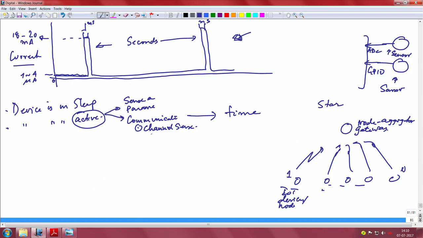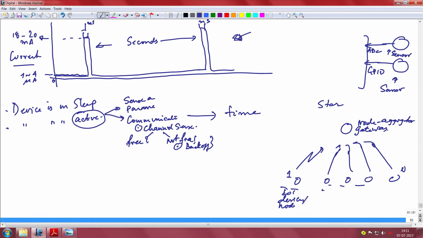If the medium is not free, it has to do a back off, in other words it has to sleep and come back and then sense if it is free. So, that is going to consume a little bit of energy, right. It senses and finds that the medium is not free, goes to sleep, comes back and reattempts.